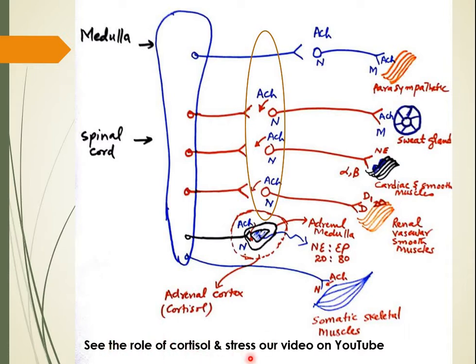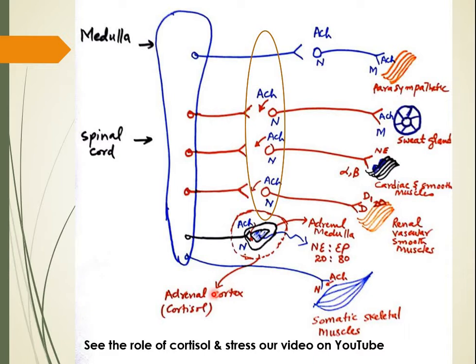We have already uploaded a short video on YouTube. You can take the support of that video to see how cortisol affects autonomic nervous system pharmacology and the diurnal pattern. But let me refresh your knowledge: cortisol increases the sensitivity of the myocardium and blood vessels to epinephrine and norepinephrine.